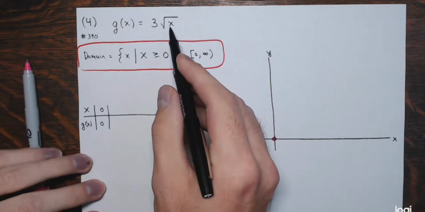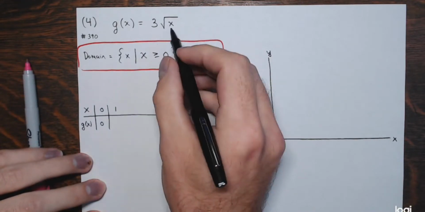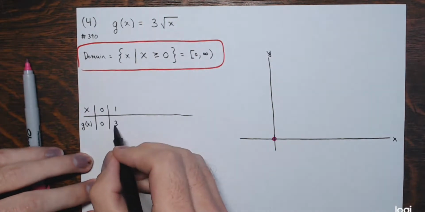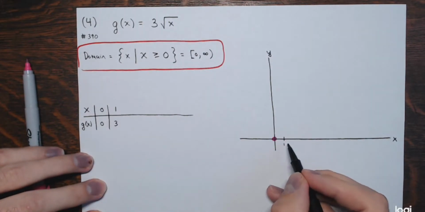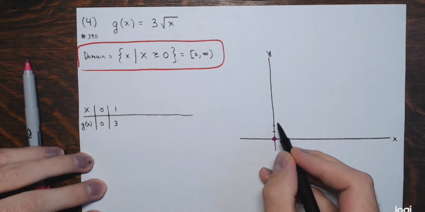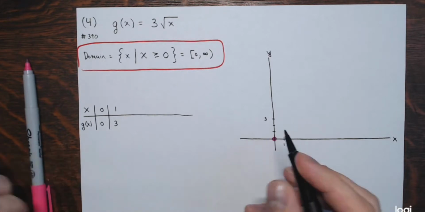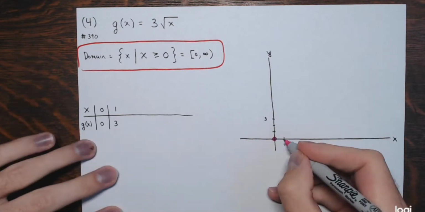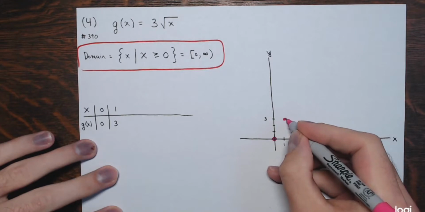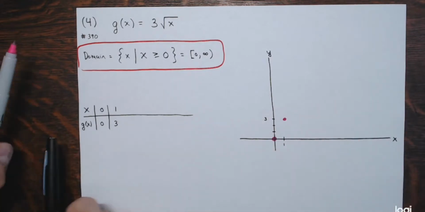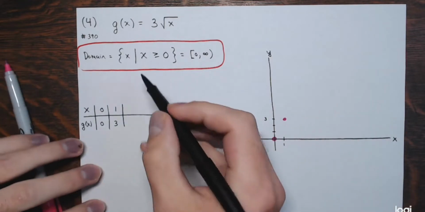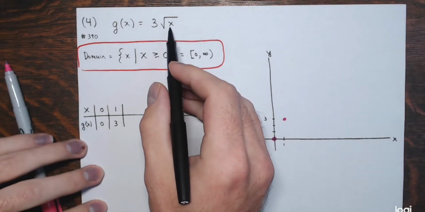Then square root of 1 is 1, times 3 is 3. So input 1, output 3. (1, 3). Alright, and 3 times the square root of 2, when the input's 2.